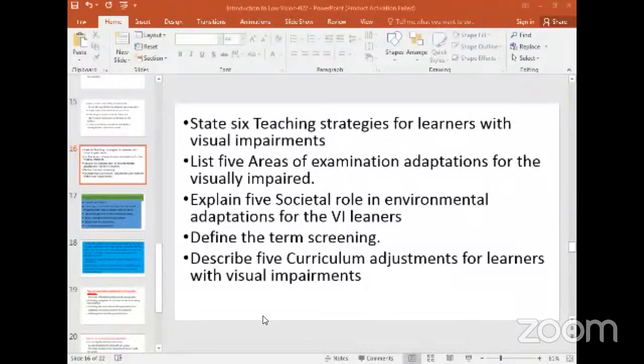The other thing is, we define the term: what is screening? What is screening? In 001, 022, low vision.